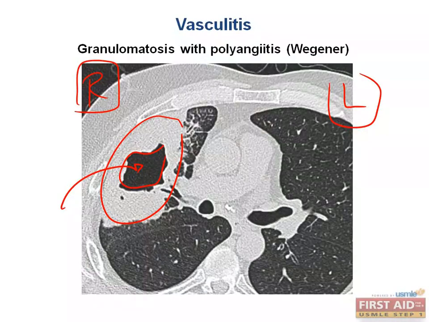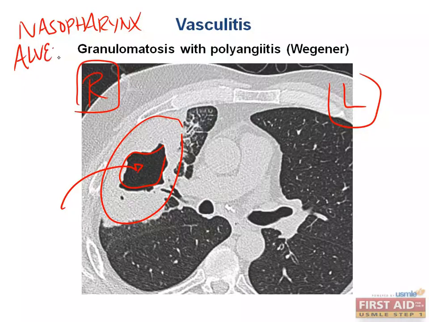So the respiratory tract of these individuals is usually always involved in addition to renal involvement. Just imagine that we damage the mucosa lining the nasopharynx, which means that we get inflammation and bleeding. In addition to the upper respiratory tract, which has some nasopharyngeal involvement because we think it's an inhaled antigen that triggers the autoimmune response, you get some sort of hemoptysis because there's also involvement of the alveoli.